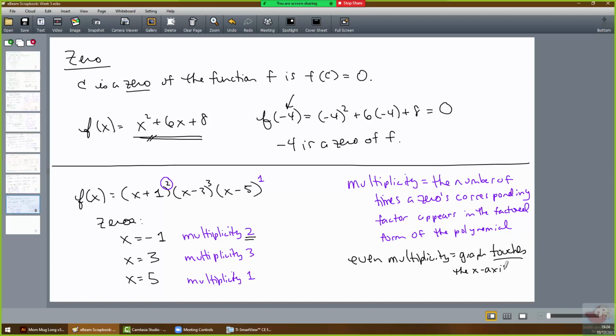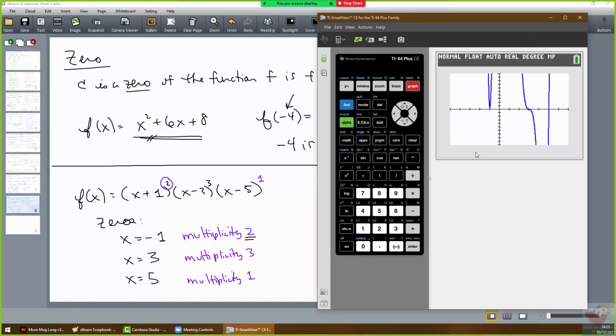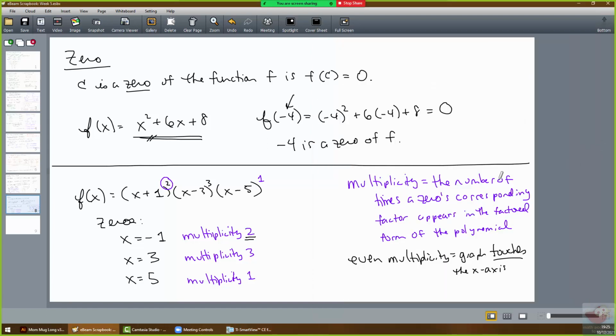We're almost done. I apologize. So that's what happened at -1. It touched the x-axis, meaning to the left and to the right of that value, the y's have the same sign. In this case, they're both positive.